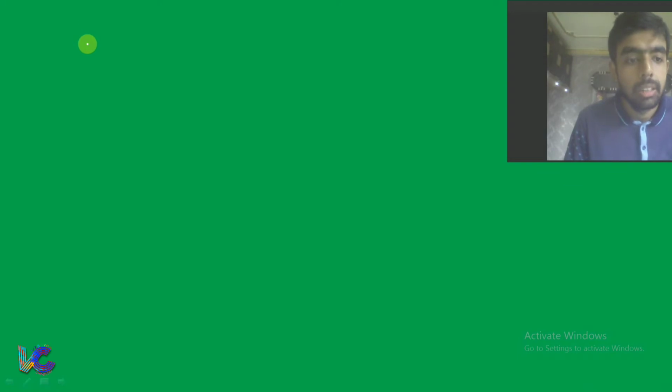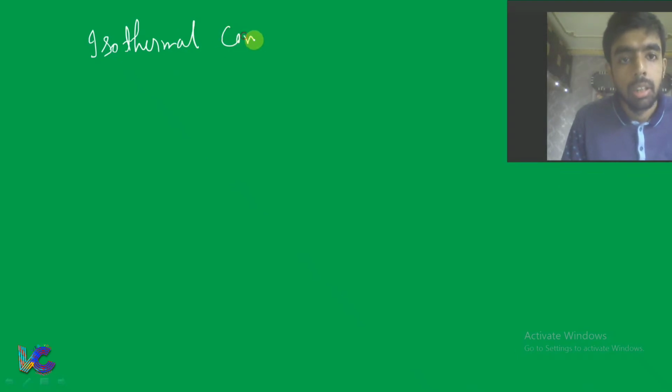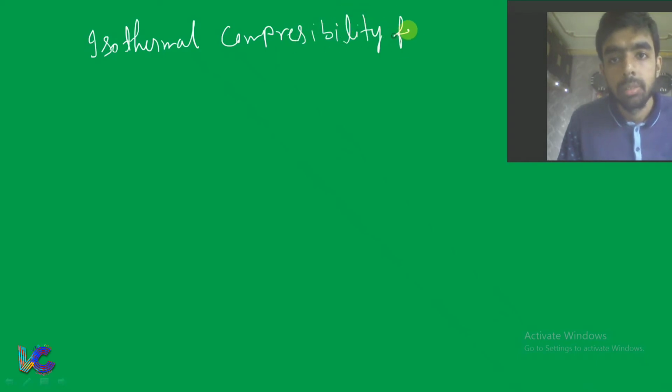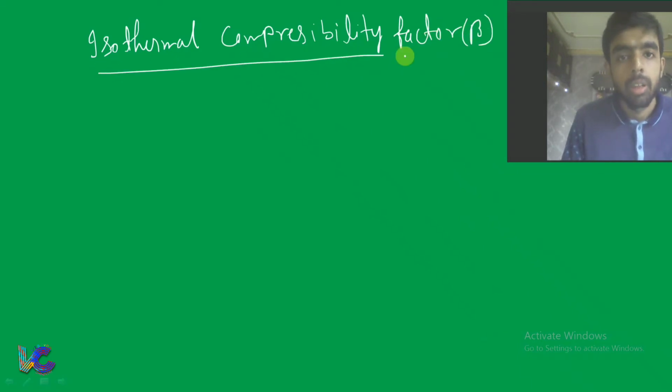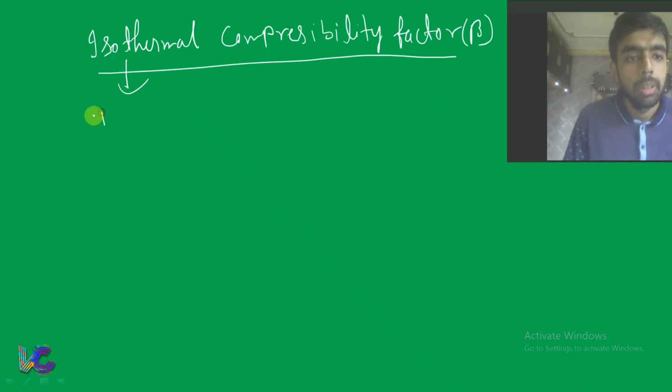So beta is the isothermal compressibility factor. When I say isothermal, that means temperature is constant.